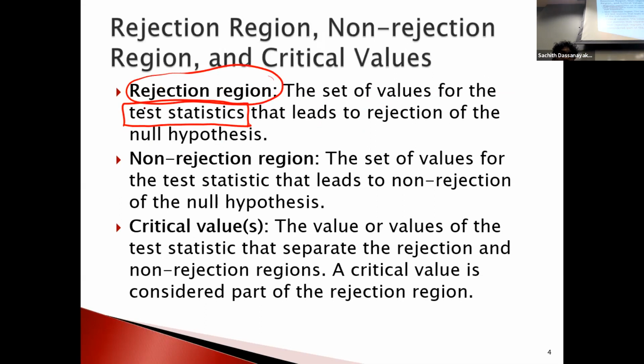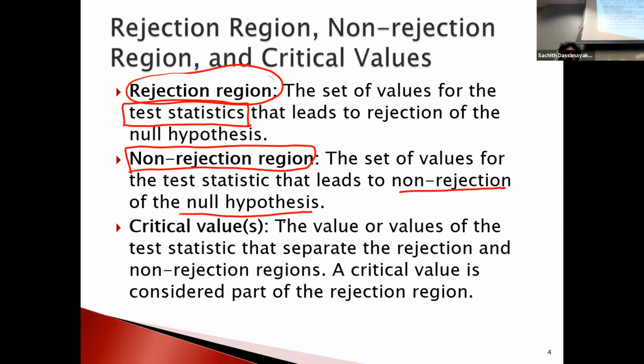Clear? If the same test statistic is in this non-rejection region, we are not going to reject our null hypothesis. We have pictures in the next few slides so we can understand that.